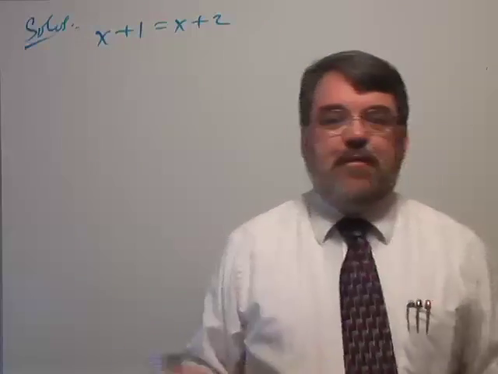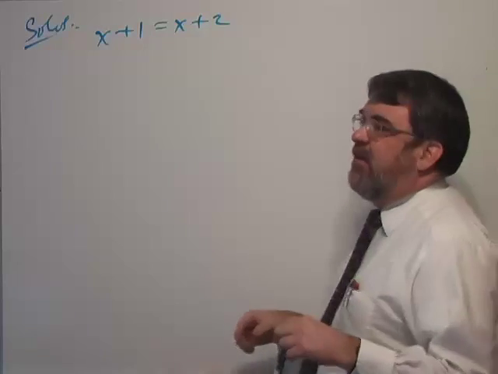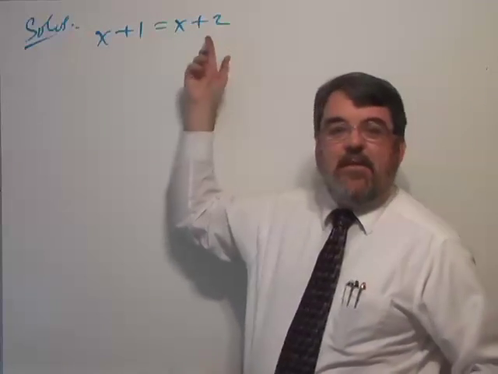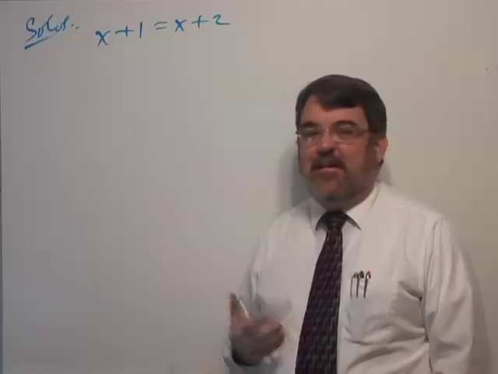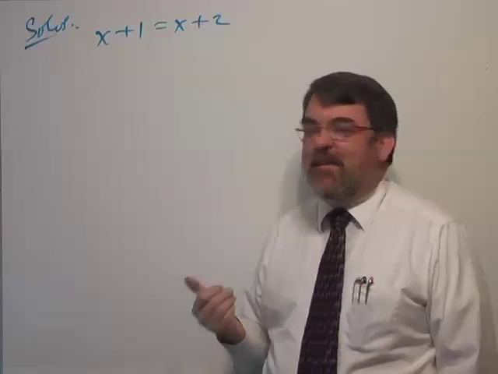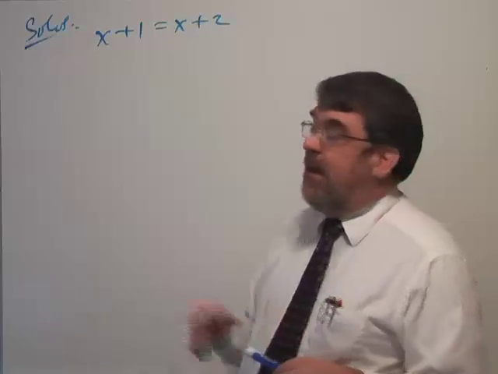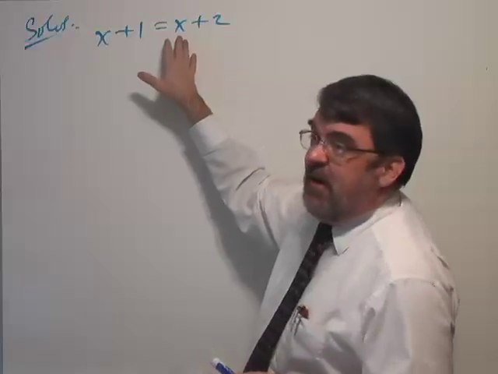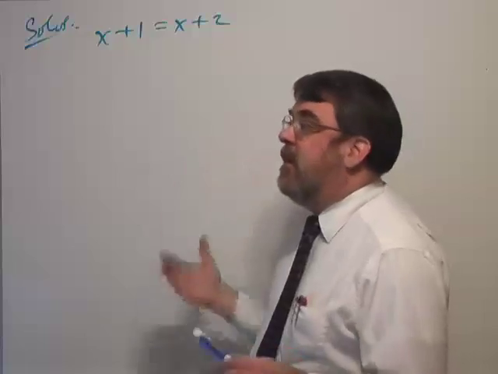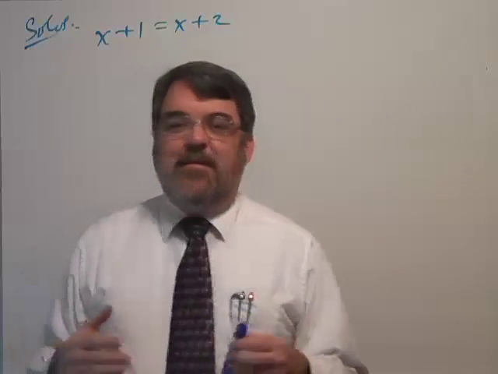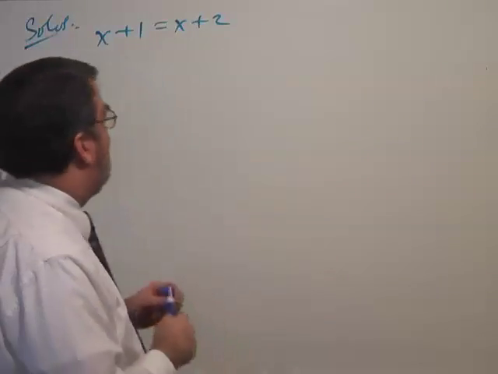There's no answer to this. Because how can 1 more than a number be the same as 2 more than the same number? There's no such number out there that satisfies that. But if you solve it and subtract x from both sides, you're going to get 1 equals 2. No answer. Now what's going on with the geometry here?